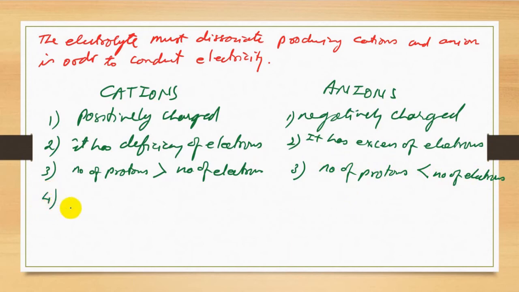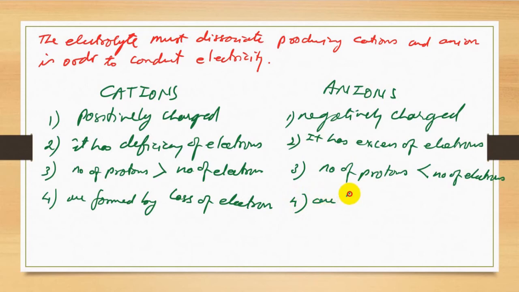Then cations are formed by loss of electrons, and anions are formed by gain of electrons. If anything gains electrons, it will form an anion.